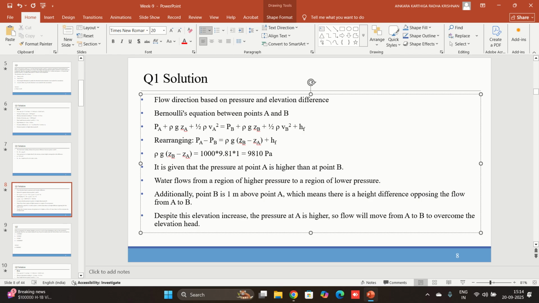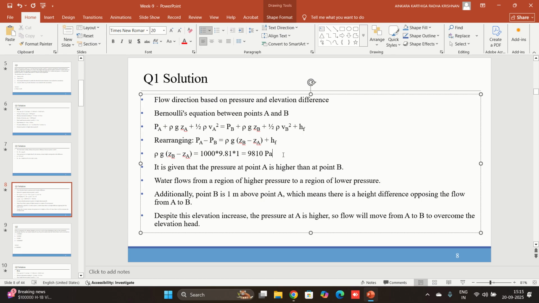PA minus PB equal to rho g (ZB minus ZA) plus HF. And rho g (ZB minus ZA): ZB minus ZA is 1 meter. Rho is water, so it is 1000. So 1000 into 9.81, it is 9810 Pascal. Also, what is given in the question?